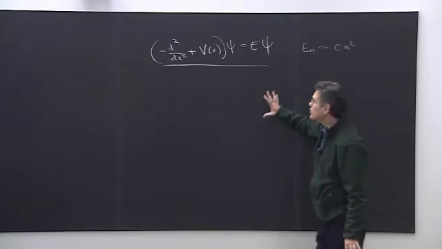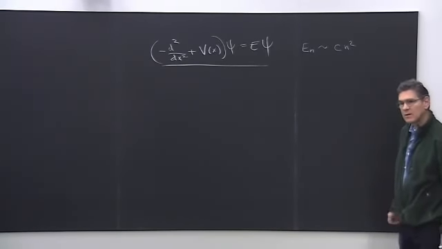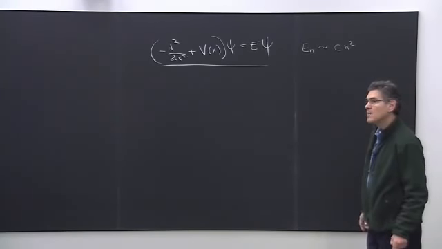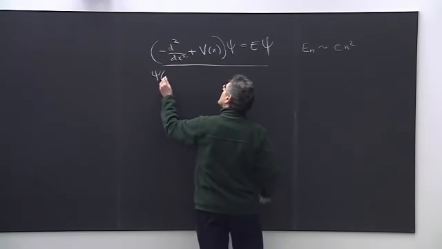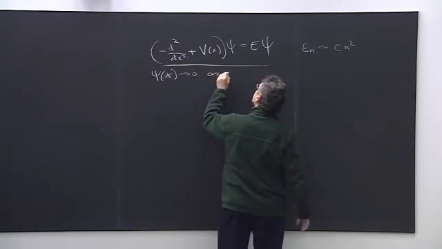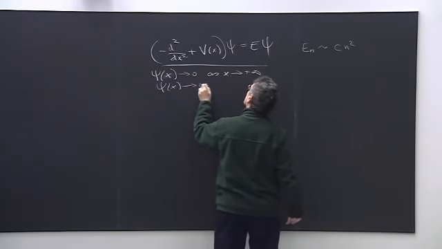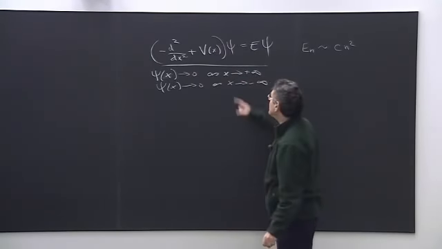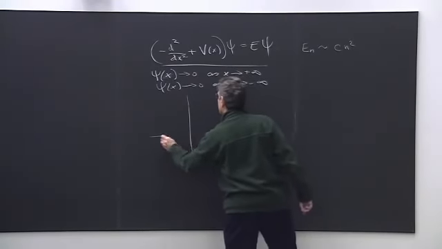But now we're going to pose this equation on the infinite line, not on a finite region as we did with this stuff here, but on the whole line. And so the problem is going to be psi of x goes to 0 as x goes to plus infinity, psi of x goes to 0 as x goes to minus infinity, okay? And v of x is called the potential, and v of x looks like this.